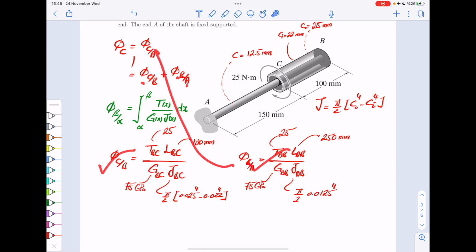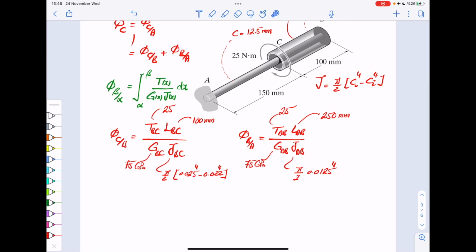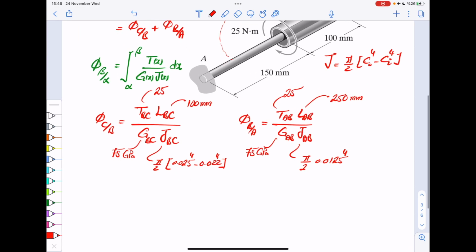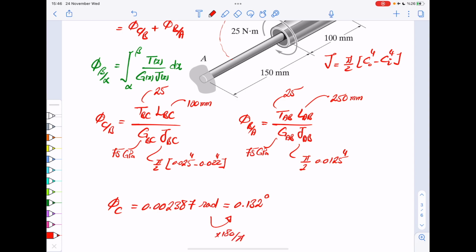You add them together, and you would have phi of C. So phi of C, if you insert these numbers, would be 0.00237 radian, or otherwise 0.132 degrees, if you multiply it by 180 divided by pi, obviously.